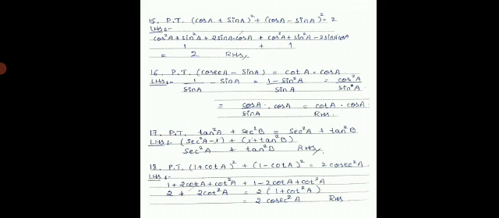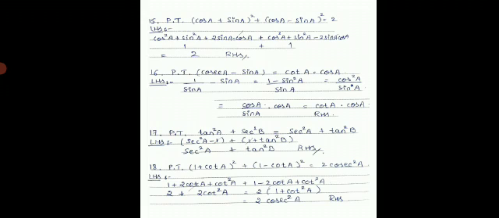Now, use the algebraic identity in this step, (A + B)² + (A − B)². You get 1 + 2 cot A + cot²A + 1 − 2 cot A + cot²A.